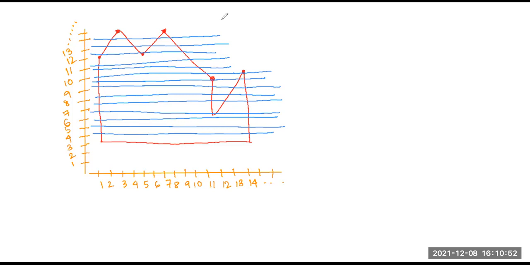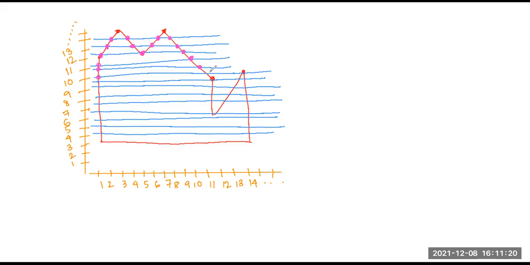Suppose I take this line, it has intersected the edges here, here, here, here. If I take this line, here, here, here, here. If I take this line, here, here, here. If I take this line, here, here.